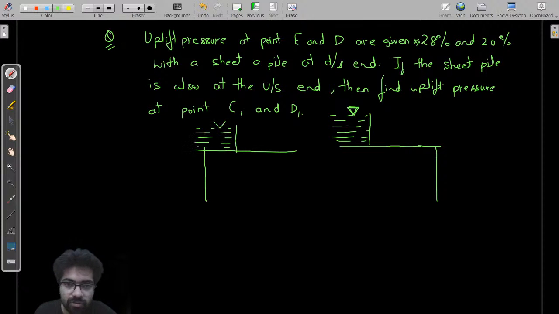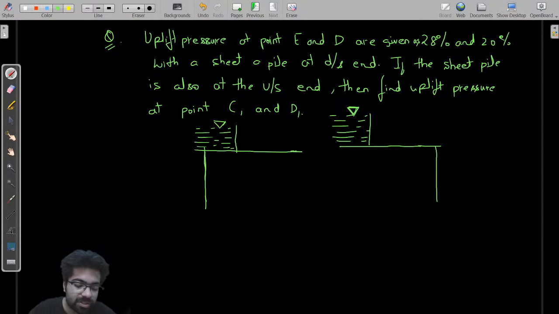This is your GATE question. This is my upstream floor and this is my downstream floor. Only the simplification of that composite weir has been done.